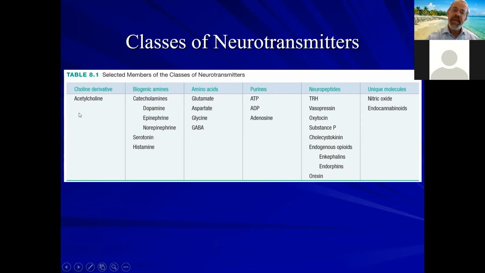We have acetylcholine. We have what we call biogenic amines. We have amino acids. We have purines. We're not really going to talk about those today. We have some neuropeptides and what's classified as unique molecules. It's kind of an interesting way to describe them. So we're going to go through not all of these, but some of these neurotransmitters, take a look at what types of receptors they bind to. Remember, the receptors are on the postsynaptic membrane, and how it generates a response in that postsynaptic cell.